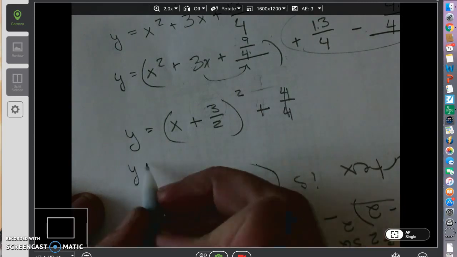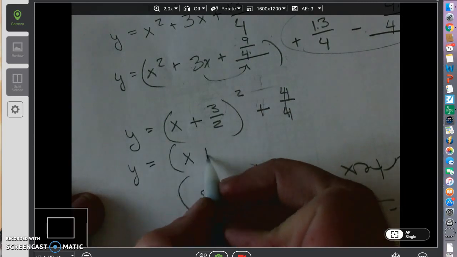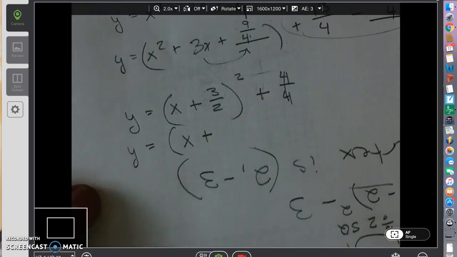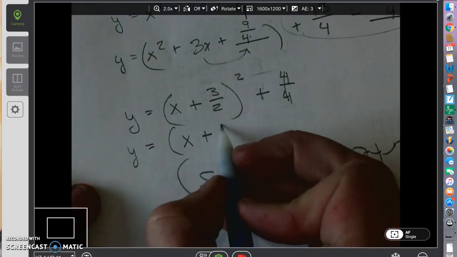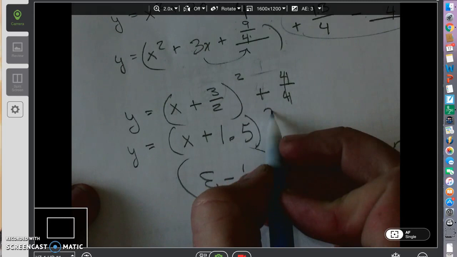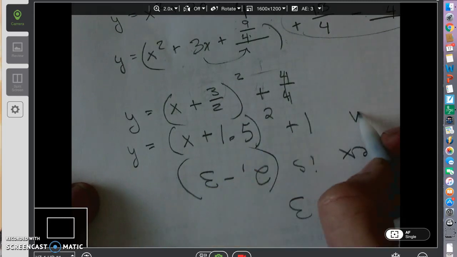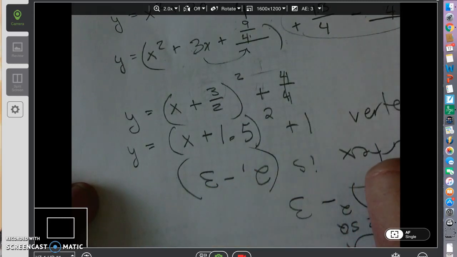If you want to write it as a decimal now, you can, which is x plus 1.5 squared plus 1. So the vertex is negative 1.5, comma 1.